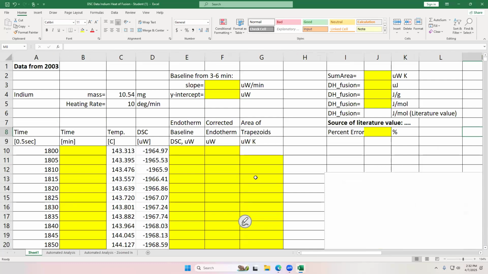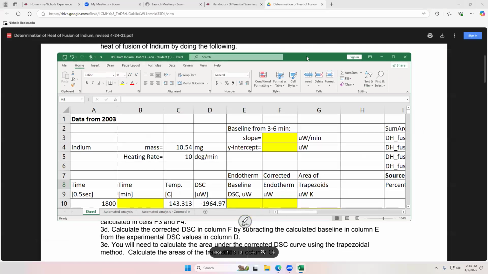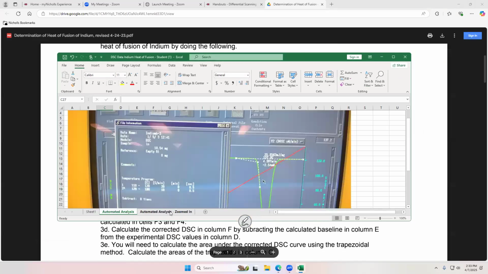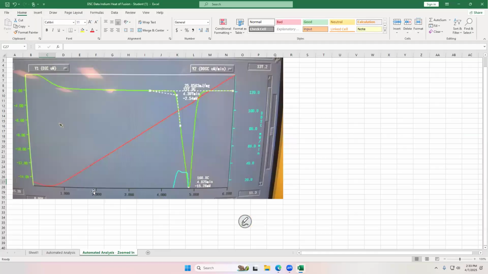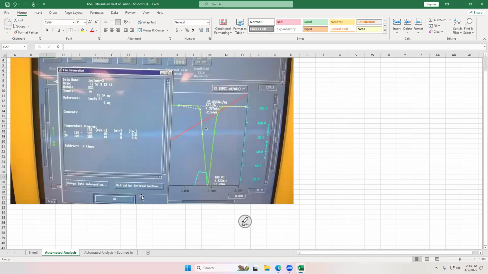If you look at the additional sheets here, you can look at the automated analysis, and there's a zoomed in view of the automated analysis. So right here, that's a screenshot. This is a sample of 10.54 milligrams of indium, programmed from 110 to 120 at 20 degrees per minute, 120 to 180 at 10 degrees per minute.